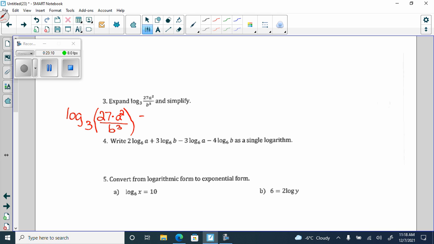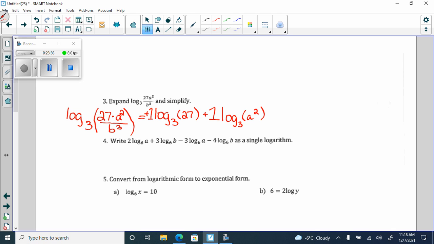So we're going to get log base 3 of 27. Because the 27's in the top, I just have a +1 in front of the log. Do I actually have to write that? No, I'm just proving a point. Okay? Now the a squared is in the numerator, so I'm going to get a +1 in front of that. Log base 3 of a squared.